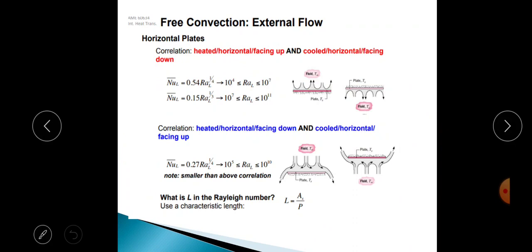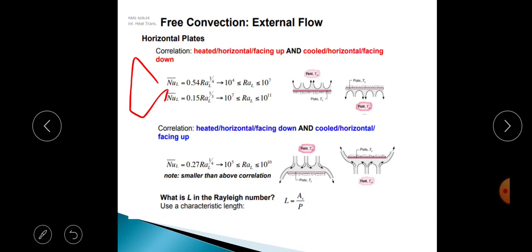Next is free convection for external flow. For horizontal plates, this correlation is for heated horizontal facing up and cooled horizontal facing down. So these are the relations. Nu_L is equal to 0.54 Ra_L raised to power 1 by 4, so Ra_L should be between 10 to the power 4 and 10 to the power 7.